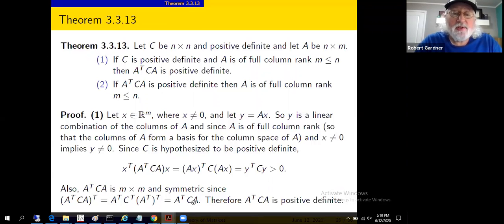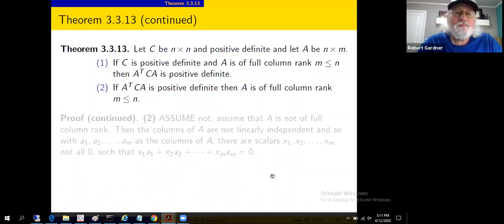So C transpose equals C, and A transpose transpose is A. We transpose this matrix and got the matrix back, so it's symmetric as well. So A transpose CA is positive definite. It's symmetric and it satisfies this kind of condition: multiply on the left and the right and get the positivity.